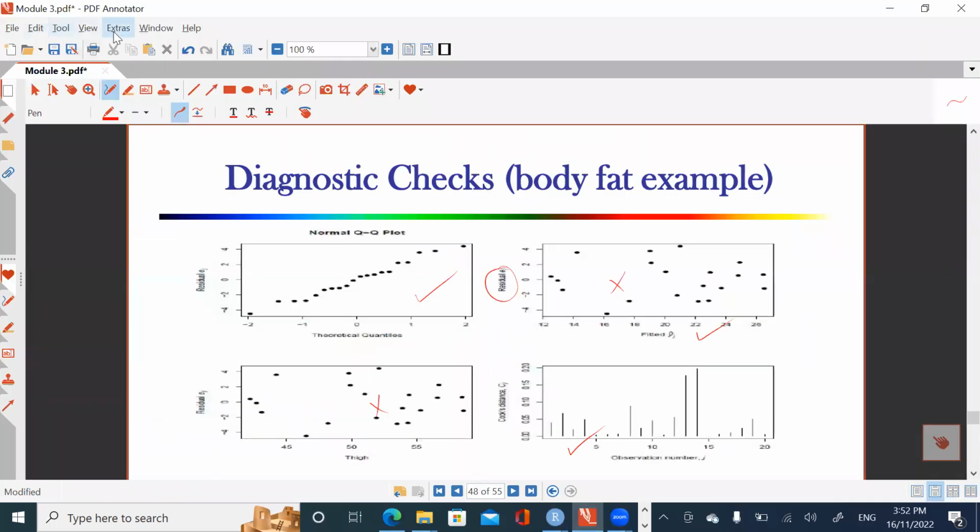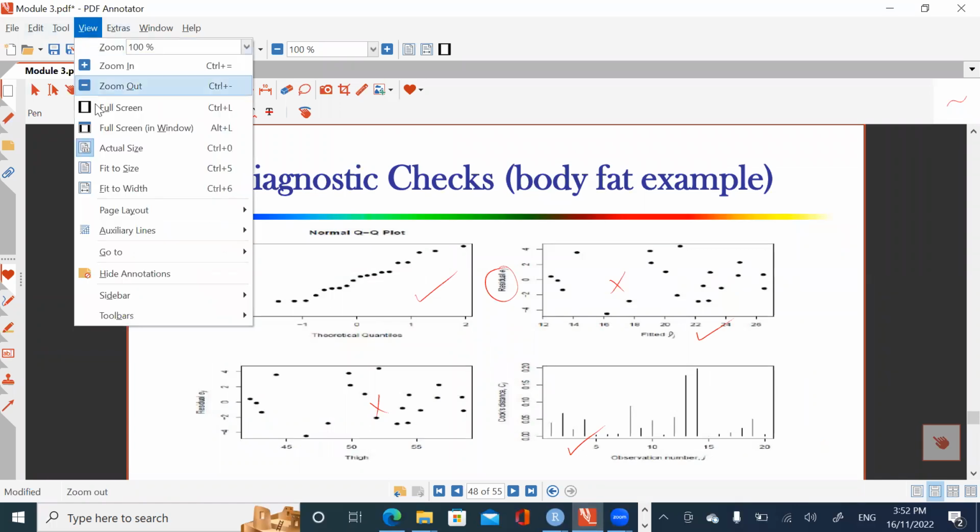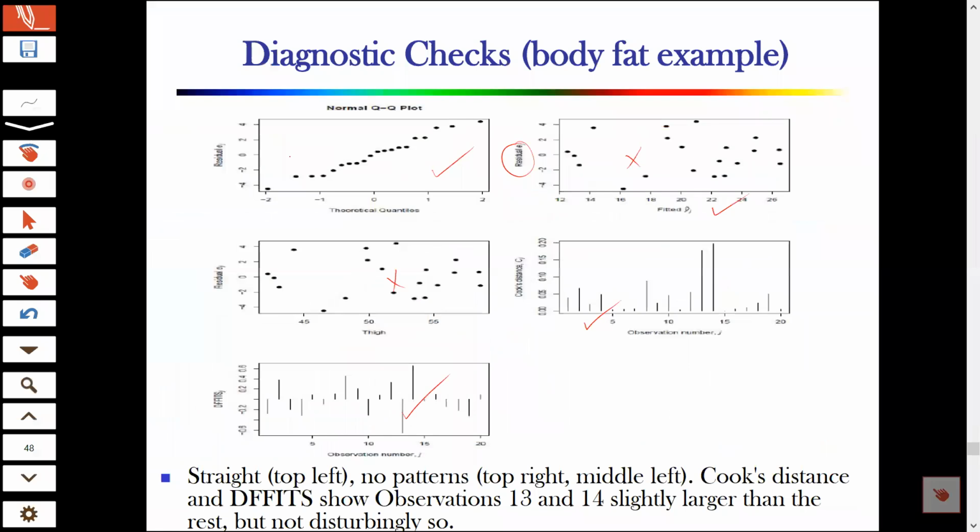So this is the plot here. In these examples, this one is the QQ plot, that means this is normally distributed. No pattern here, so that means the constant variance assumption is satisfied.